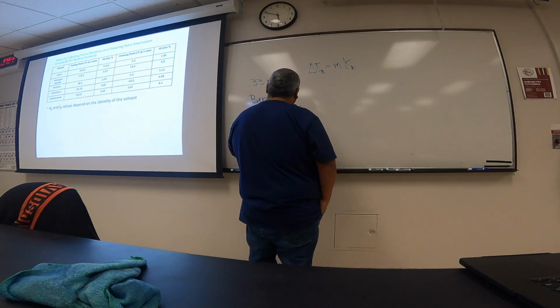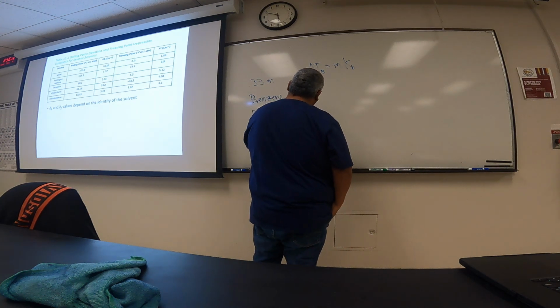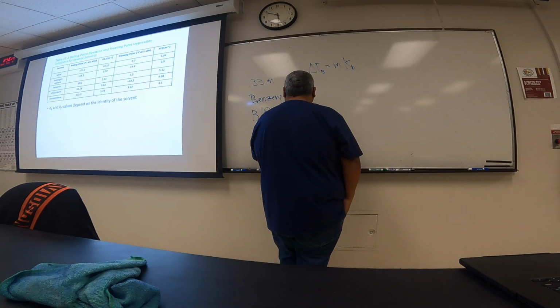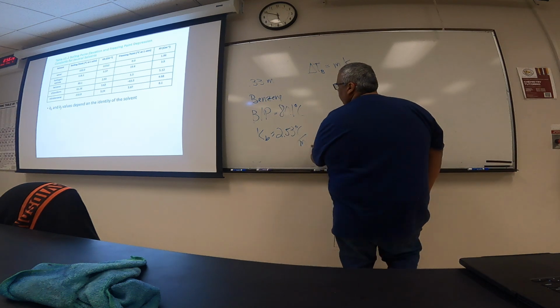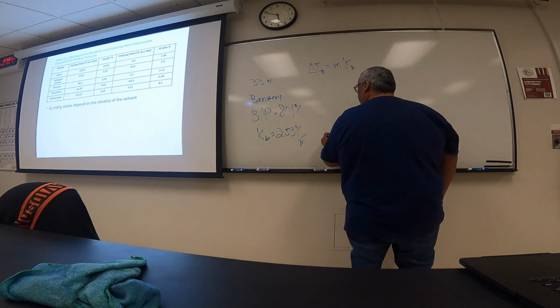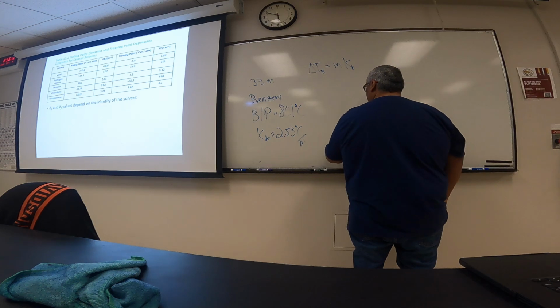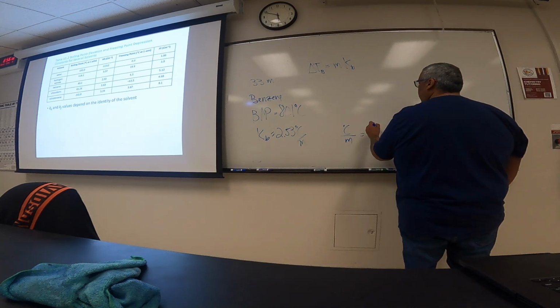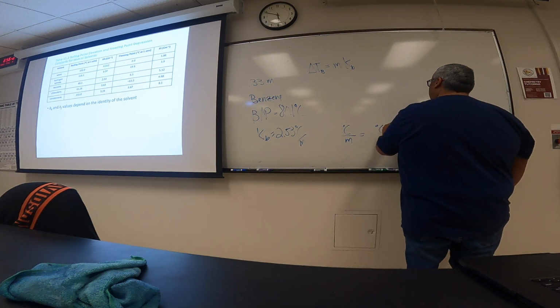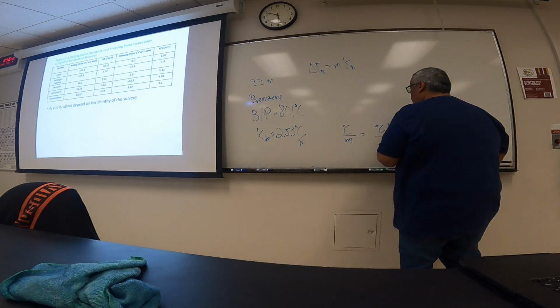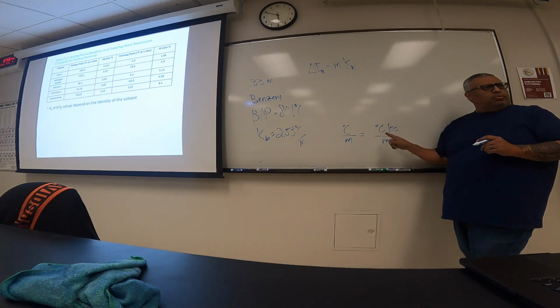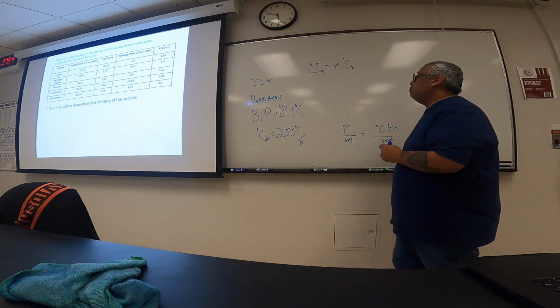So K sub B is equal to 2.53 degrees Celsius per molal. I think in the lab we did yesterday, these are the same. So when you see degrees Celsius per molal, this is equal to degrees Celsius kilograms per mole. These two are equal to each other.